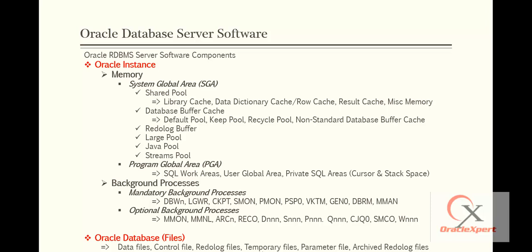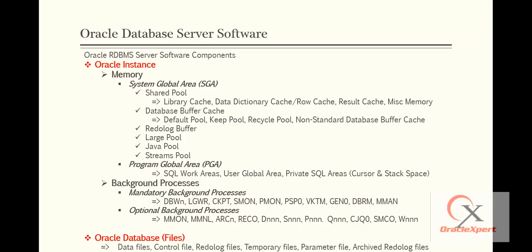When we run Oracle, we essentially load the program, both the executable code and the program's data, into the main memory RAM of your computer. The running version of this program is called an Oracle instance.